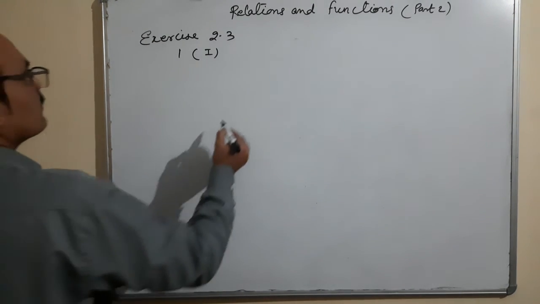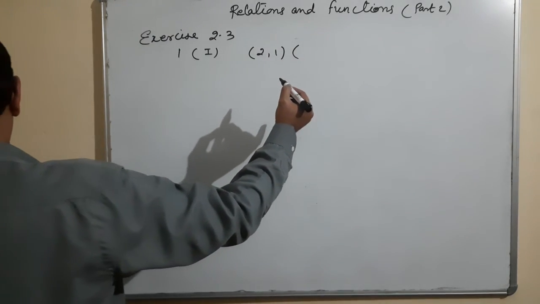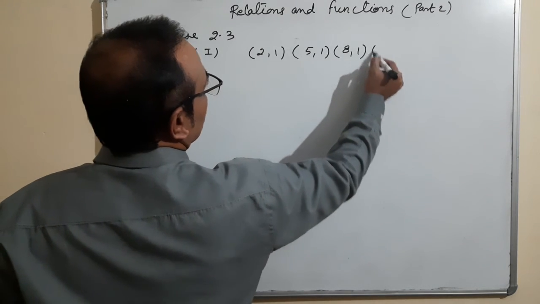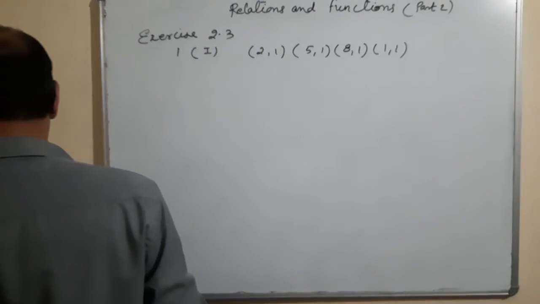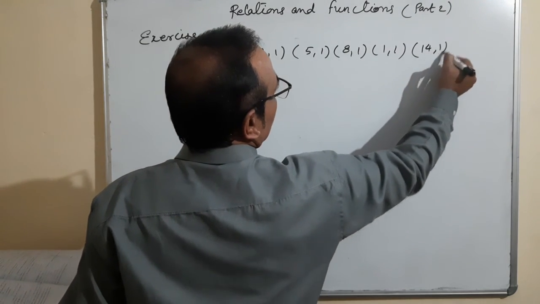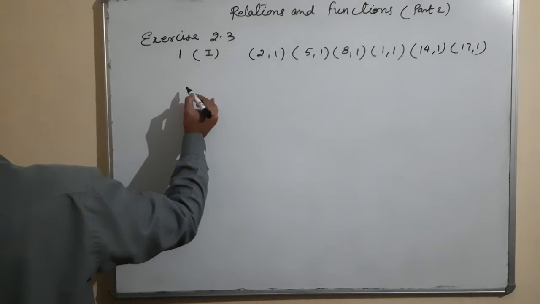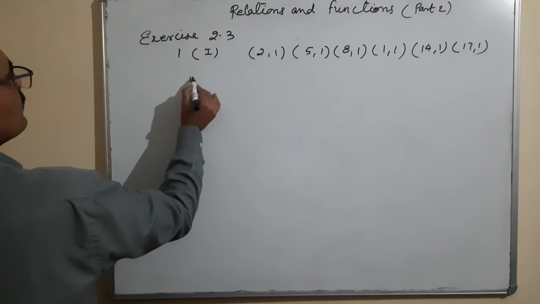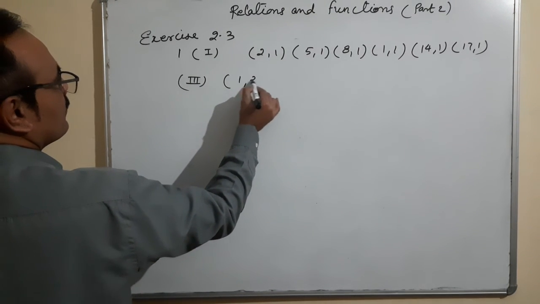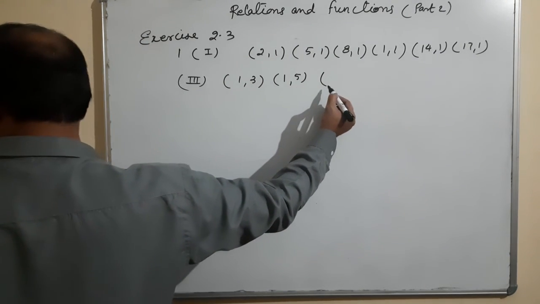Sets are given here: 2, 5, 8, 11, 14, 17, each related to 1. The second question I am taking is the third part, that is (1, 3), (1, 5) and (2, 5).